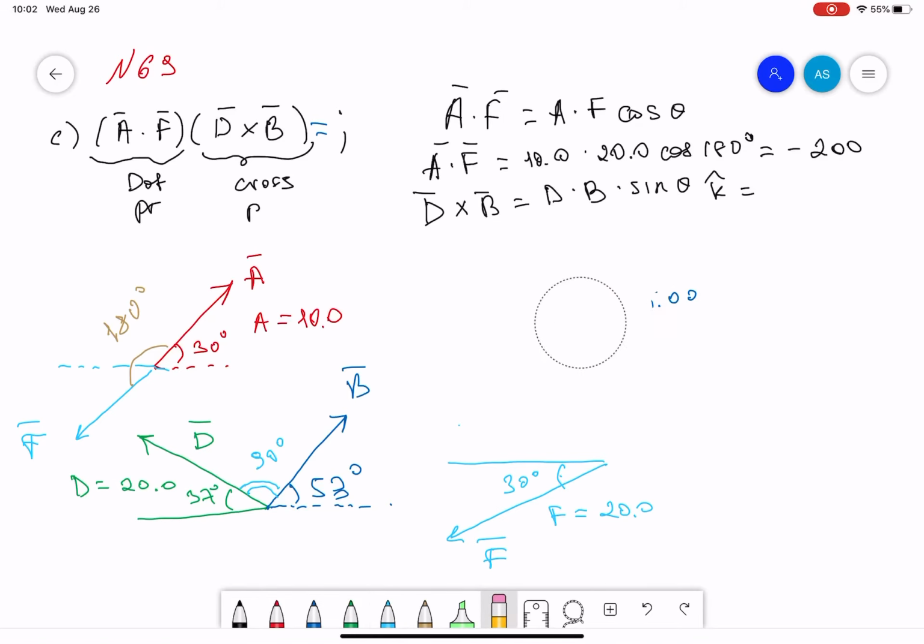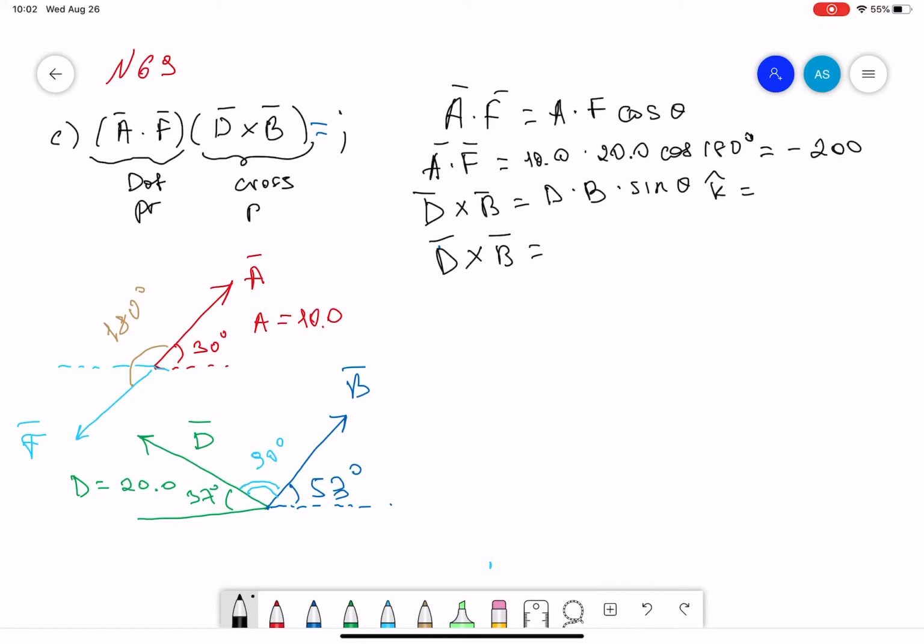Therefore we can say that D cross B, D is equal to 20 multiplied by B, which is 5, and sine 90 degrees k vector, which will give you 100k. Here you have to keep in mind one thing.